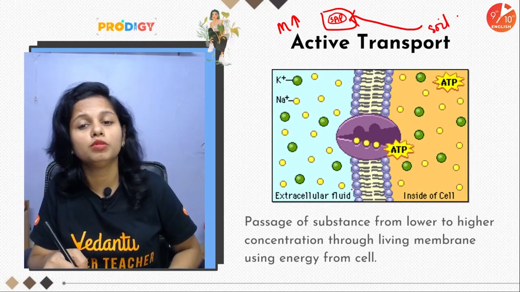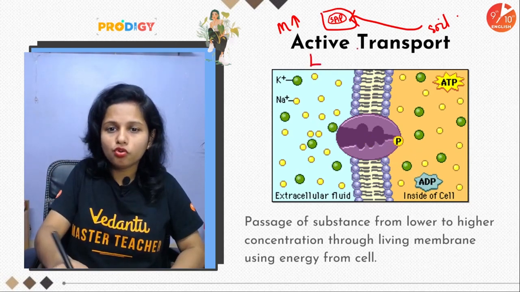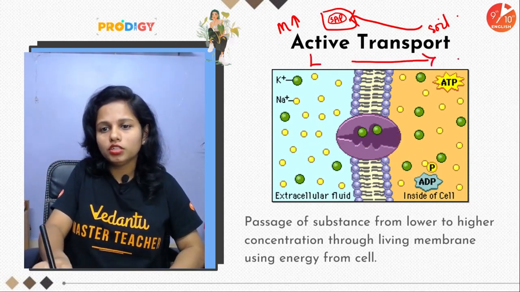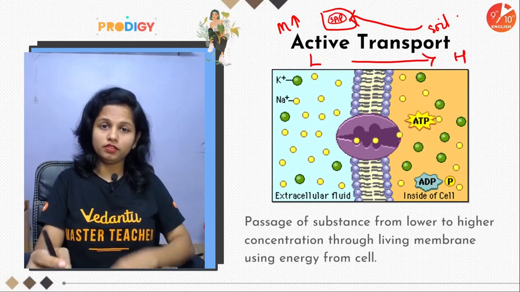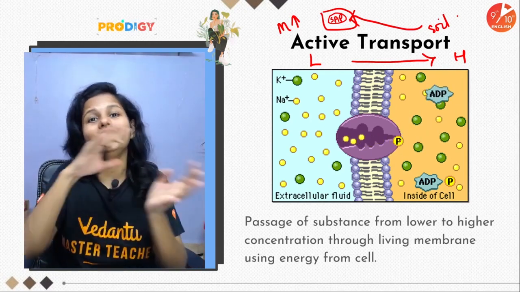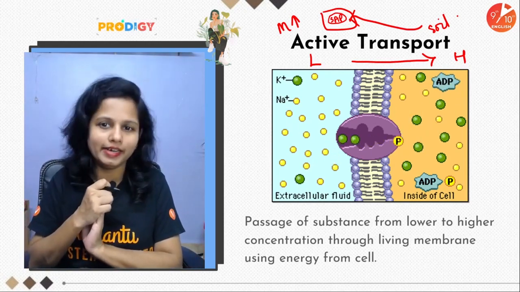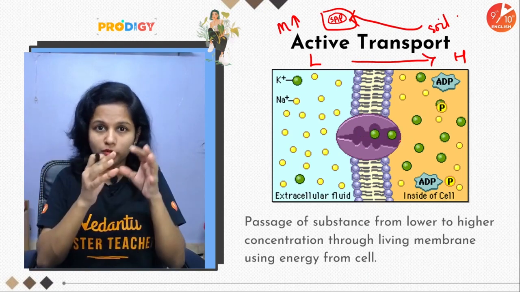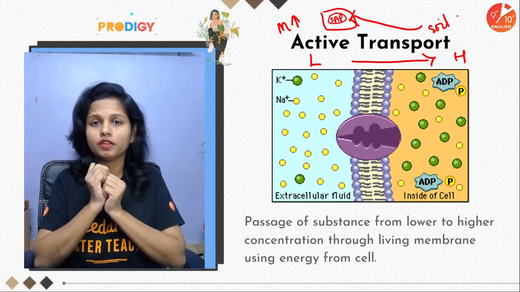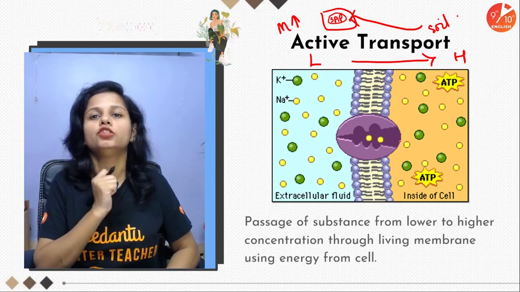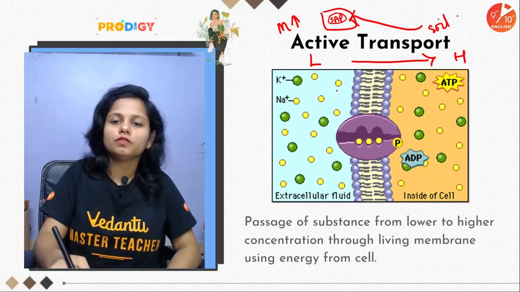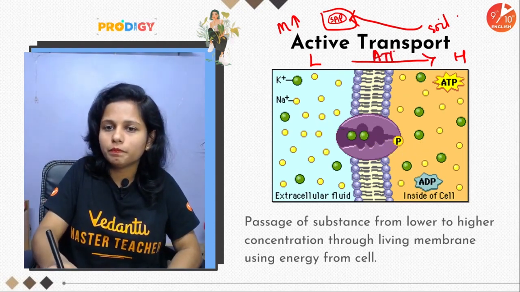Means things need to be moved from a region of low concentration to a region of high concentration. And when things have to be moved against the concentration gradient, not from high to low, but actually from low to high, the plant needs to spend energy, and this energy must be spent in the form of ATP.